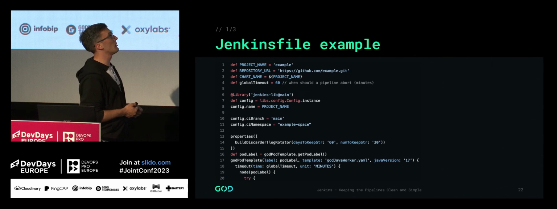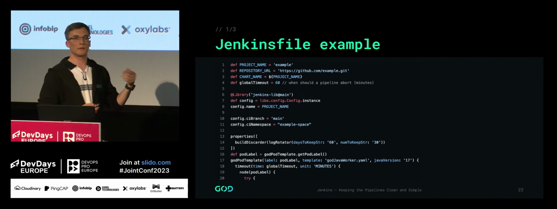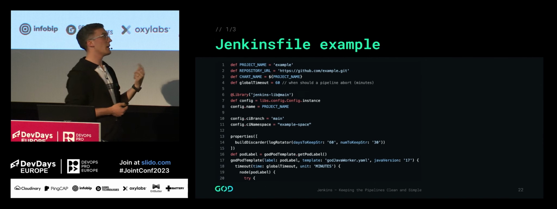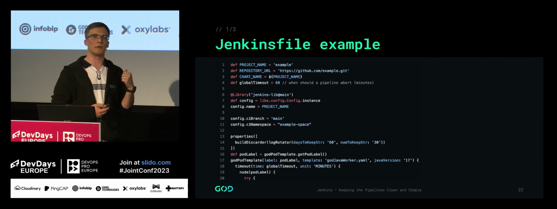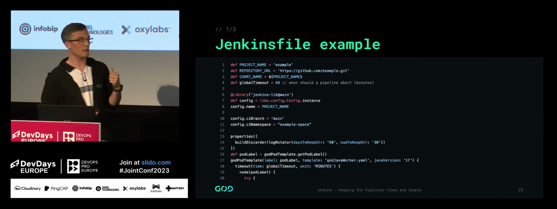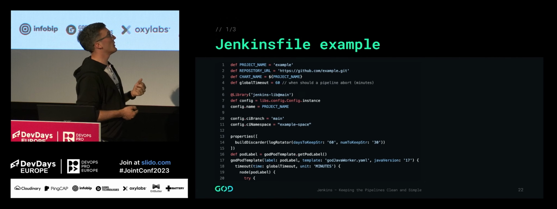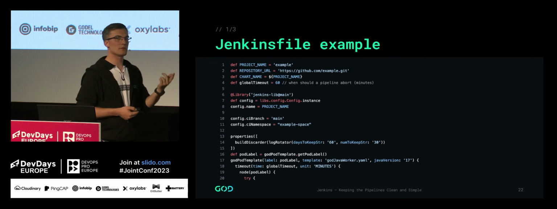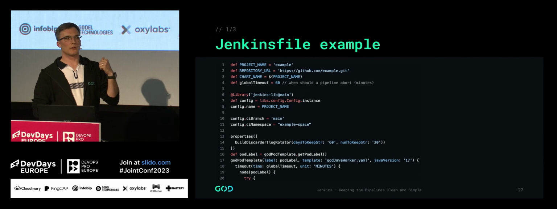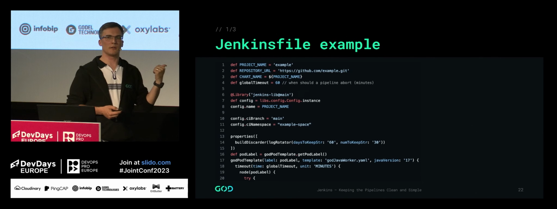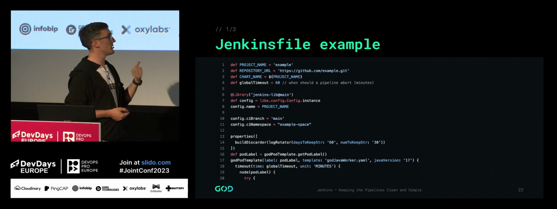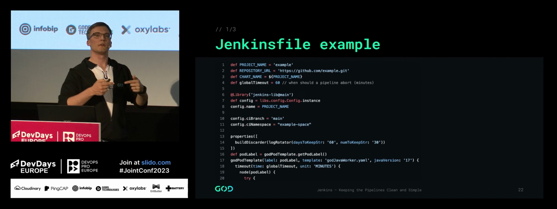Each time I update the config here, it will update the config instance, and because the config class was defined as a singleton, when I update it here, it's also updated in all the calls inside all of the Groovy functions inside the shared library, because the instance of the class is a singleton.